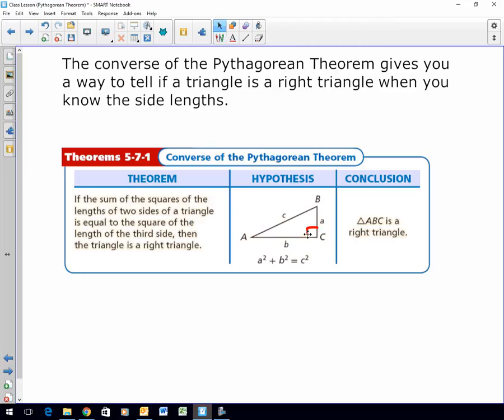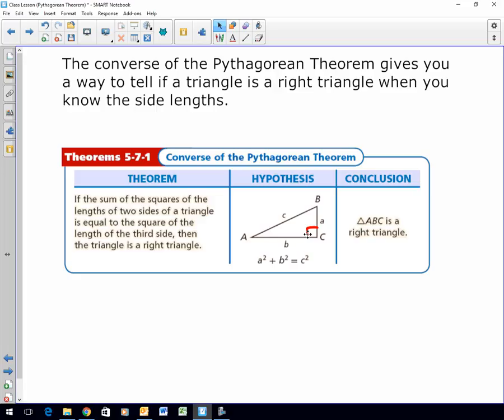In other words, in every single right triangle, A squared plus B squared has to equal C squared.